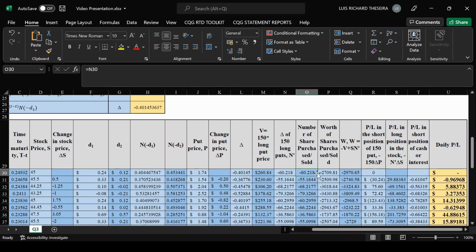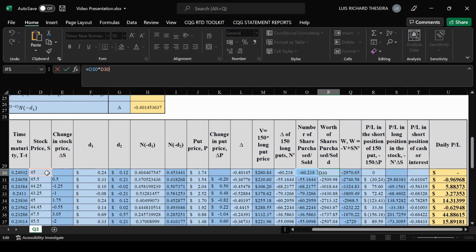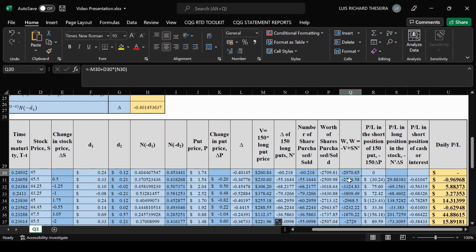So based off that, now we can determine the worth of each share that is purchased or sold. This worth is basically the number of shares sold multiplied by the stock price. After that, we can compute W, which is basically negative V plus the stock price multiplied by the delta of 150 long puts.